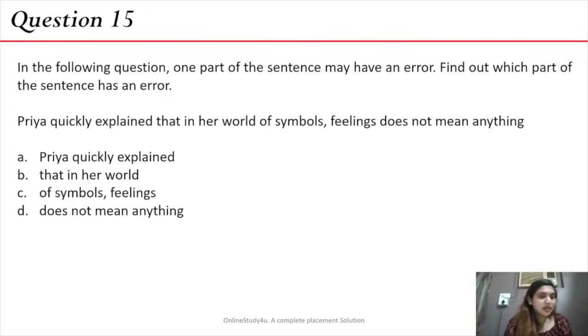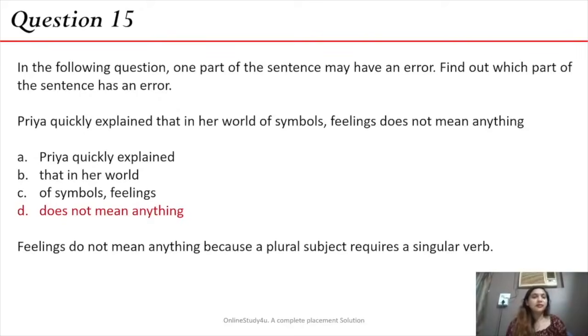Okay, I see B is coming in, D is coming in. So out here the error lies in part D, which is that Priya explained that in her world of symbols, feelings do not mean anything, because a plural subject out here requires a plural verb.